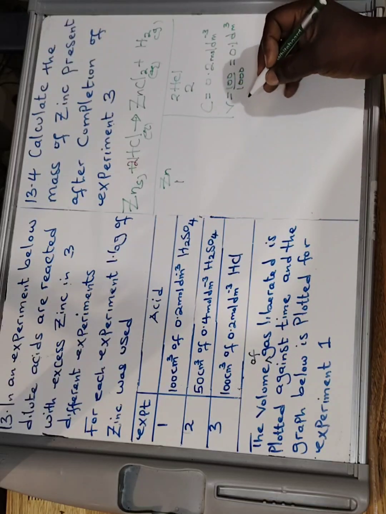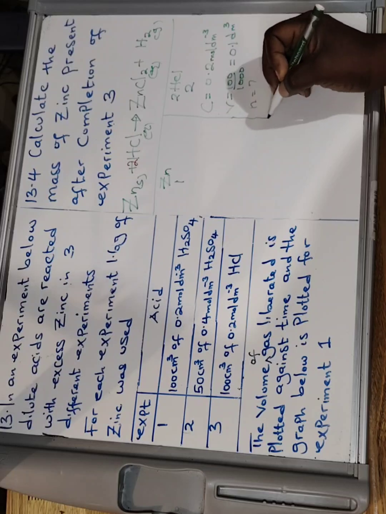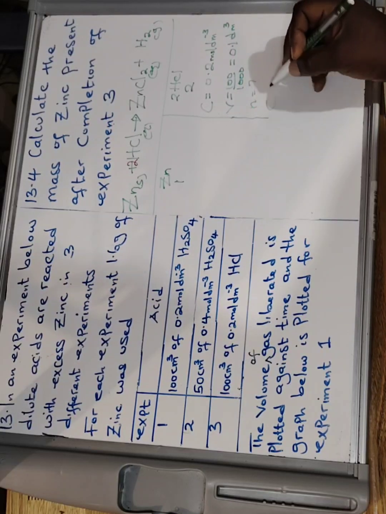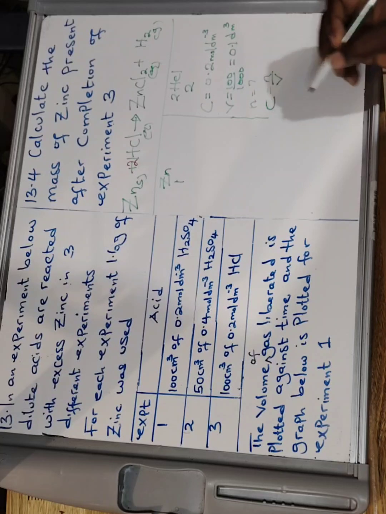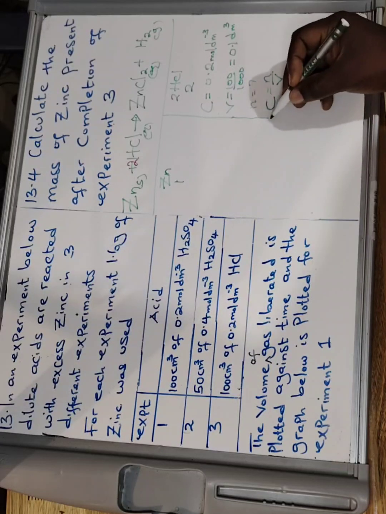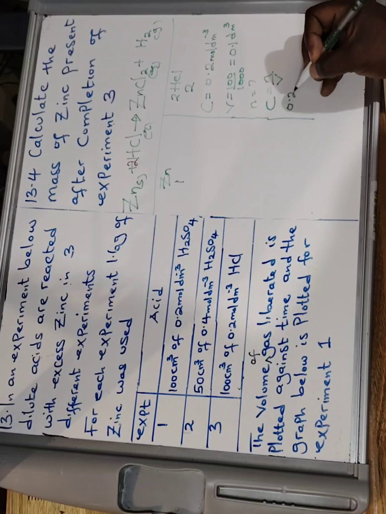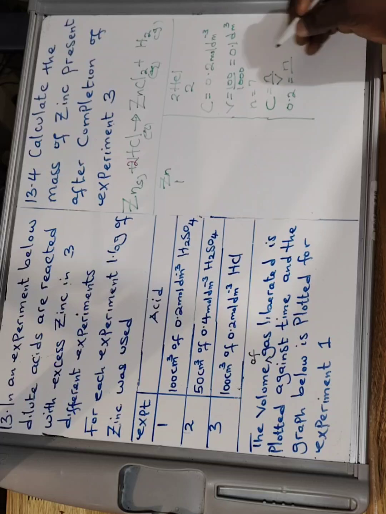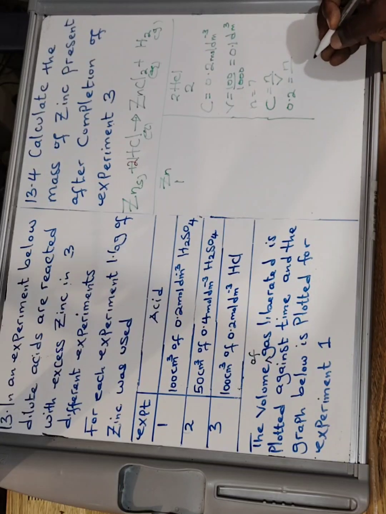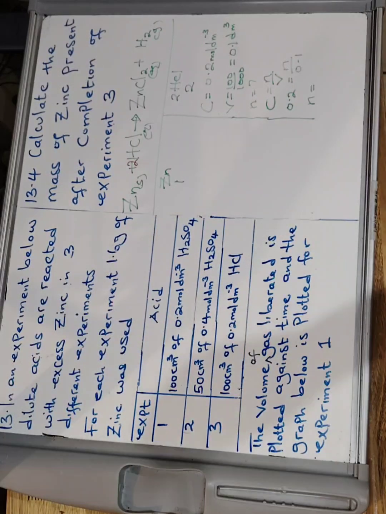When you have concentration and volume, it gives you the number of moles reacting. So you say C is equal to n over V. When you substitute, C is 0.2, the number of moles is needed, but we know the volume, which is 0.1. From here, our number of moles can easily be obtained.